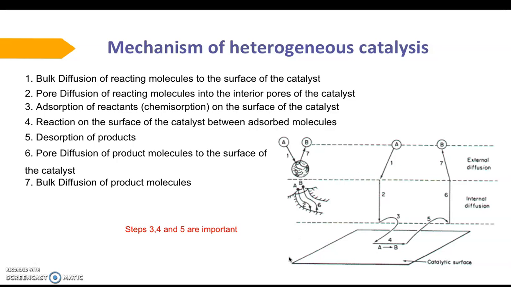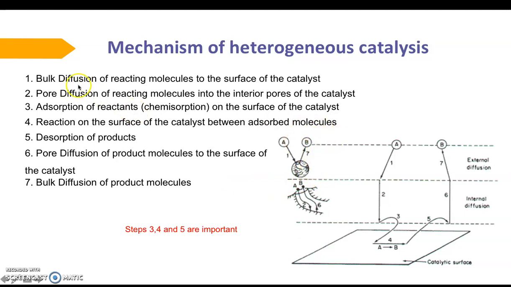The most important part is that you understand first. These 7 steps are the steps that a catalytic reaction will undergo from reactant to product. The reactant A will go through all these 7 steps on the catalyst in order to produce B, the product.